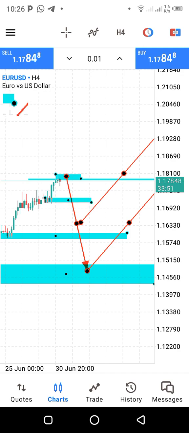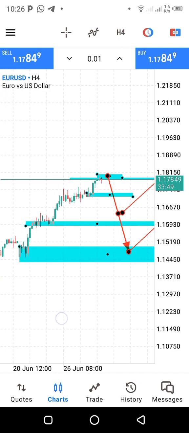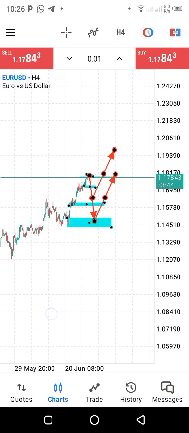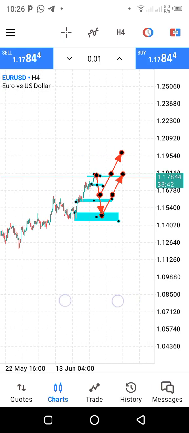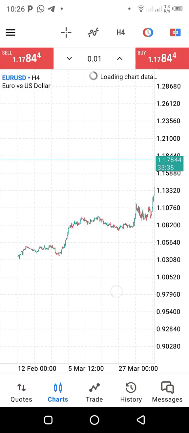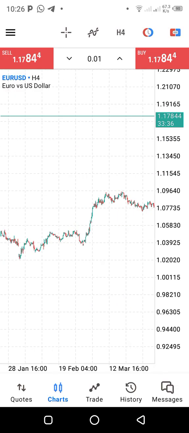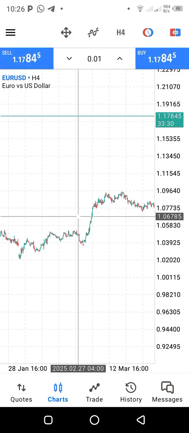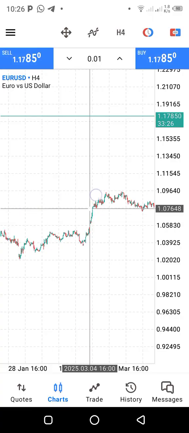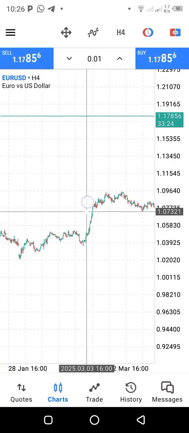Okay, you have to be patient and see, because USD has been in a very aggressive buying mode for the past couple of days. It has been buying aggressively, strongly buying, I think from Jan. This is from like Jan, from around here, up to March.